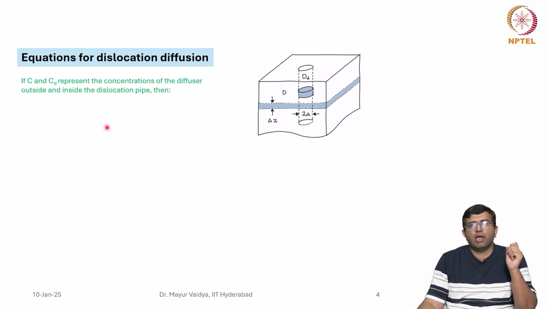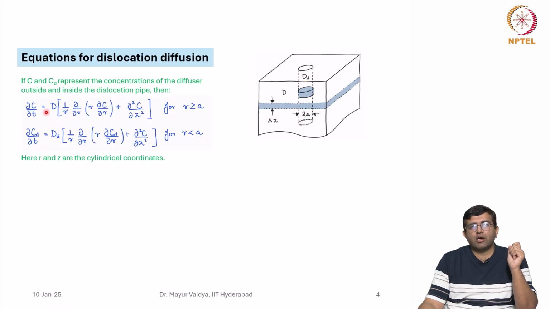As I already said, this is very analogous to the Fisher model of grain boundary diffusion. Now, if C and Cd represent the concentrations of the diffuser outside and inside the dislocation pipe, then C is the concentration within the lattice, and Cd is the concentration within the dislocation. Then you can write Fick's second law, remembering that because we consider a cylinder, we have to use cylindrical coordinates.